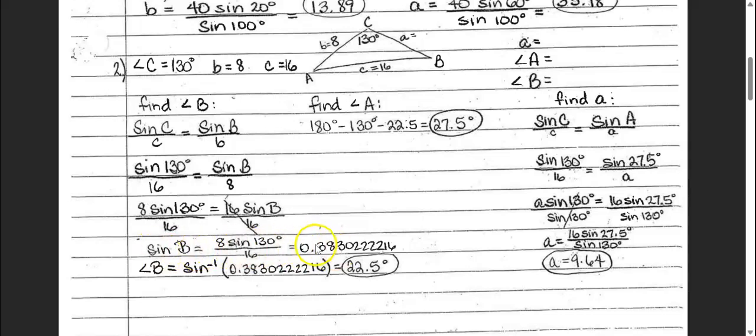Sine B is equal to this, not just angle B. So I need to get rid of the sine to get just plain angle B. And remember, to get rid of sine, we use its inverse. We use inverse sine. So second sine on your calculator of that decimal will give you angle B, which is 22.5. So now that you know angle C is 130 and angle B is 22.5, you can just subtract from 180 to find angle A.